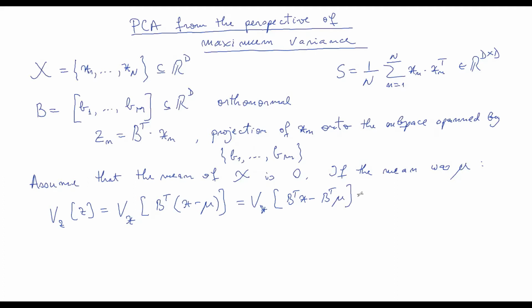So the variance is really that one of B transposed X.